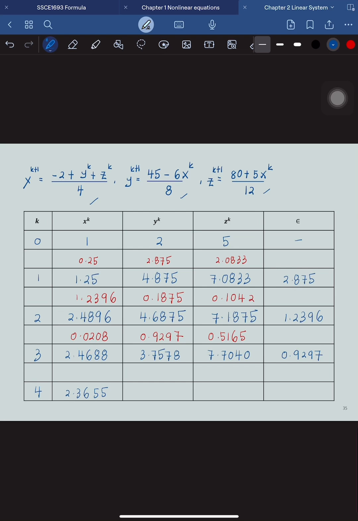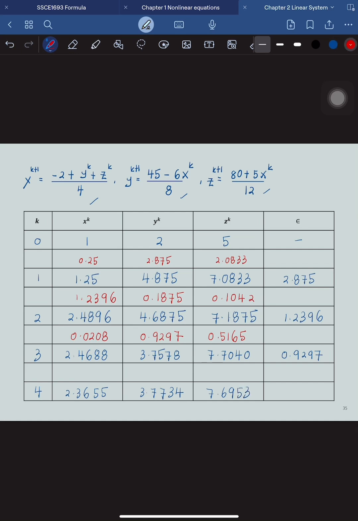And then for y, 45 minus 6x, 2.4688, divided by 8, gives 3.7734. And for z, 80 plus 5x, 2.4688, divided by 12, gives 7.6953.